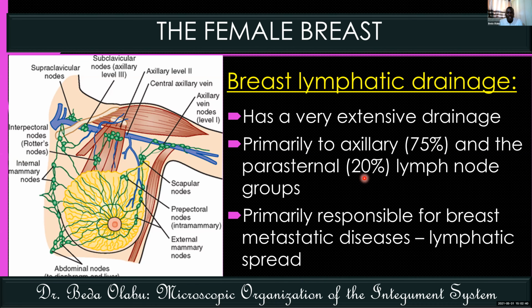And having mentioned that the axilla receives about 3/4 of the breast lymphatics, the axilla is the first place to check if a patient is suspected to have breast cancer and you want to determine whether there is spread.